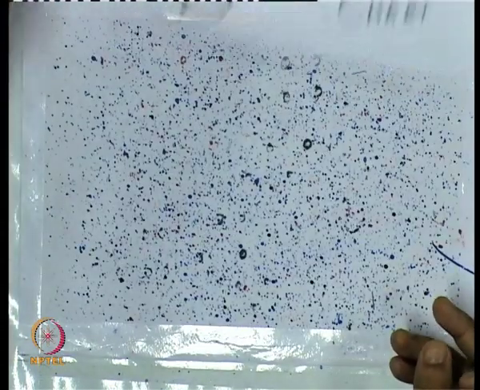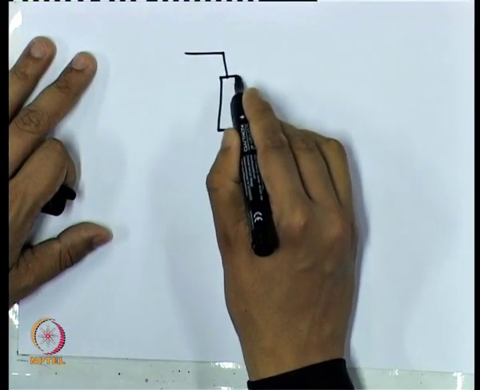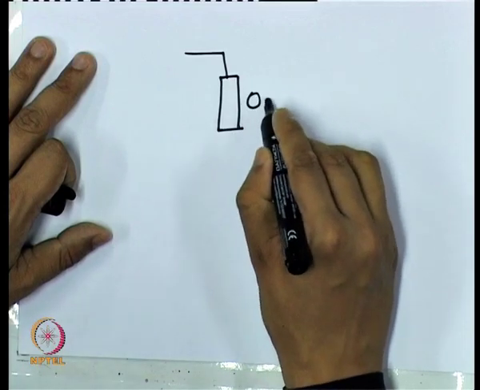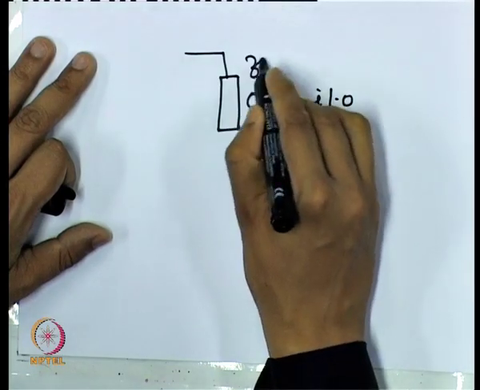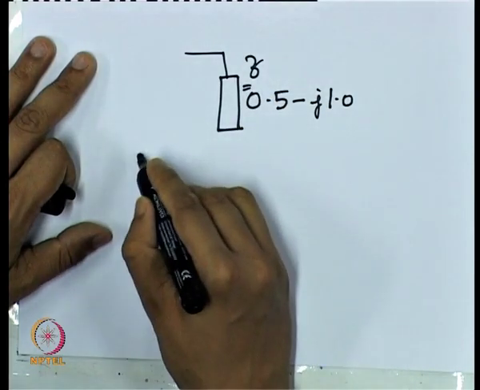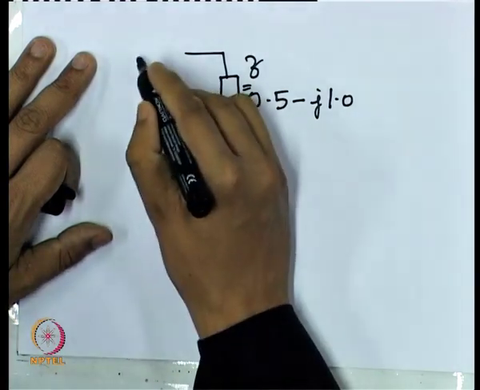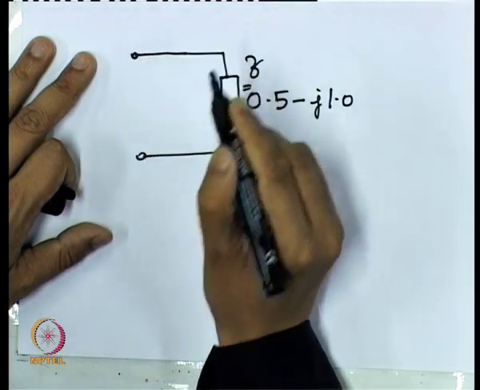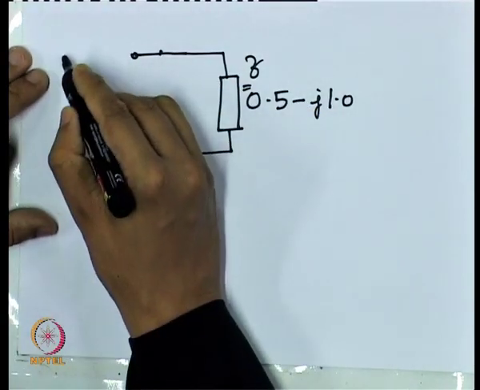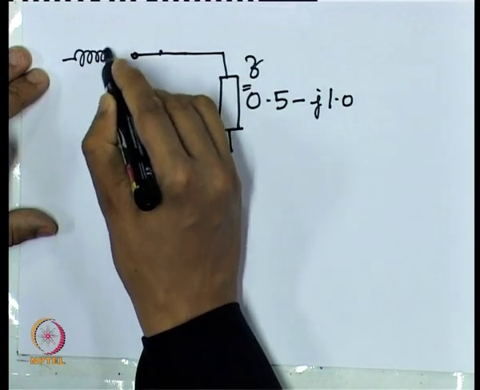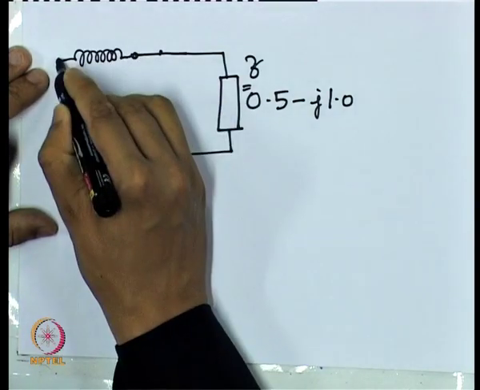Now suppose we have a load connected. Let's consider a simple load ZL, and say its normalized impedance is this, small z, and we now connect an inductor in series like this.